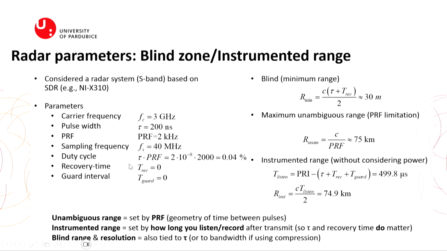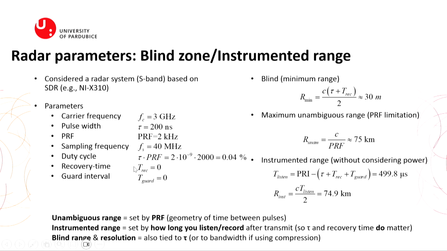Then the duty cycle. Pulse width is 200 nanoseconds, and PRF is 2 kilohertz, so my duty cycle is only 4%. So only 4% of the time I am transmitting, and about 90% I am receiving echoes. The last 6%, or 10%, depending, is this dead zone.